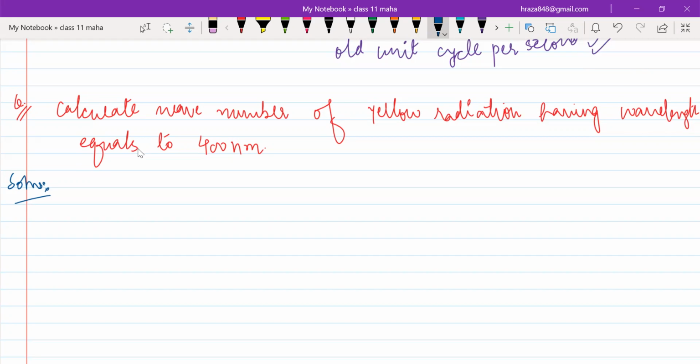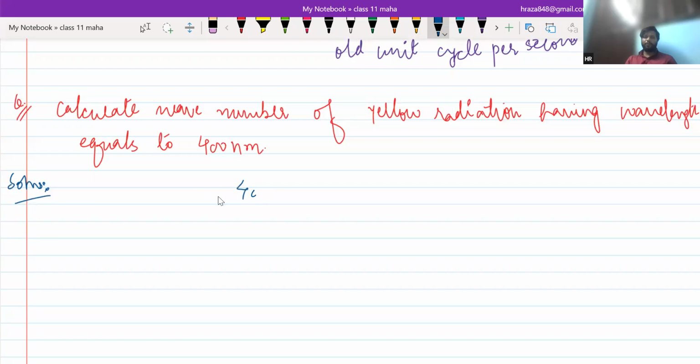Is it 0.25 into 10 raised to 7? Let me check. Converting 400 nanometer into meter, it will be 400 into 10 raised to the power minus 9 meter, which is 4 into 10 raised to the power minus 7 meter.